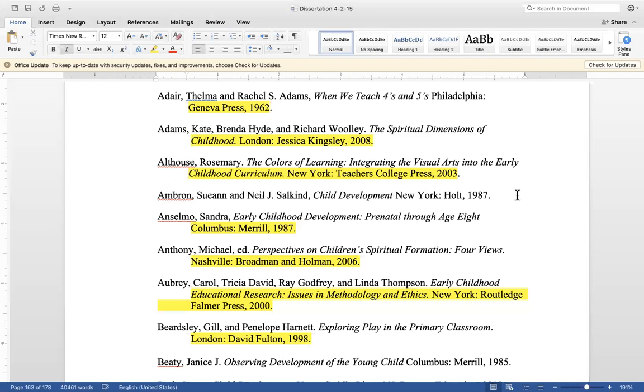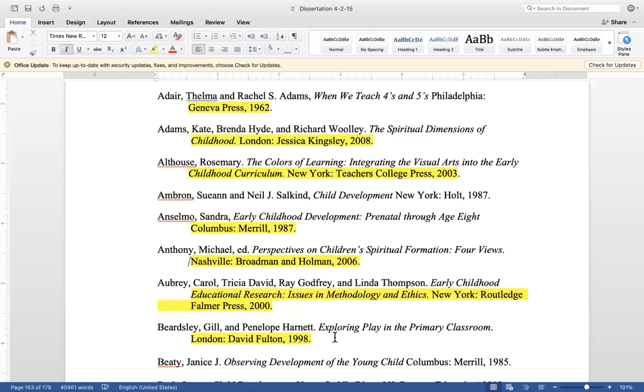So there's no second or third line to do a hanging indent on. On this particular one, it did automatically go to the next line. So you want to make sure you have hanging indents on all. And here's one where there's two. This line was so long, it took it to the second line and it took it to the third line. And you see there's a hanging indent and there's a hanging indent.